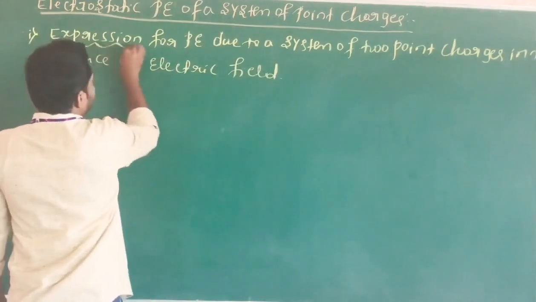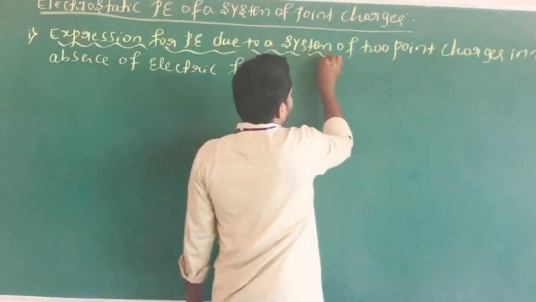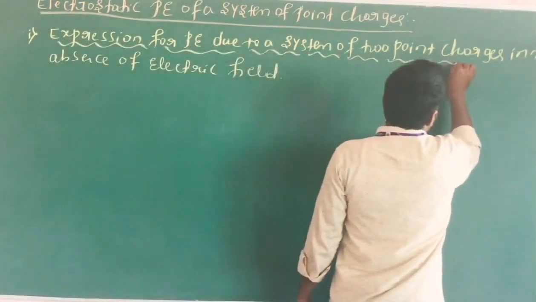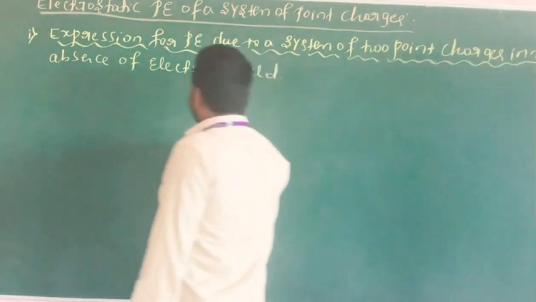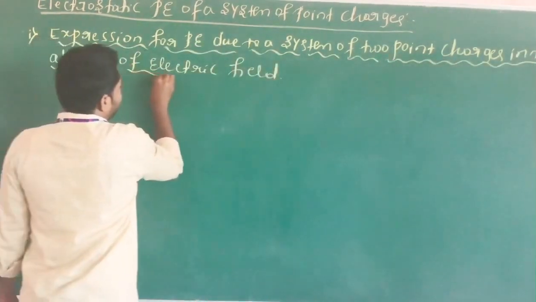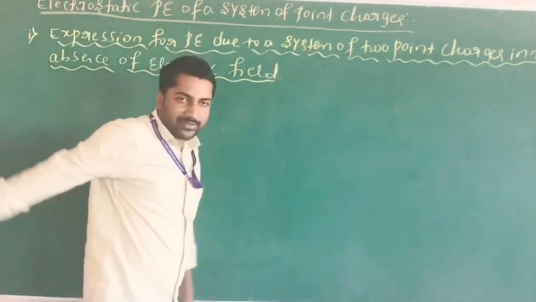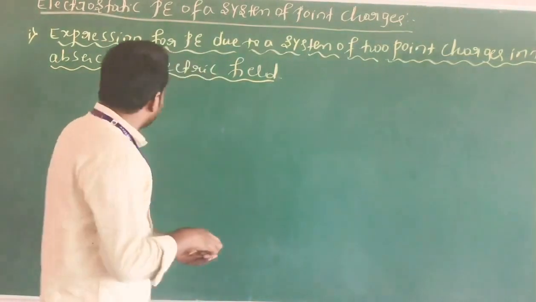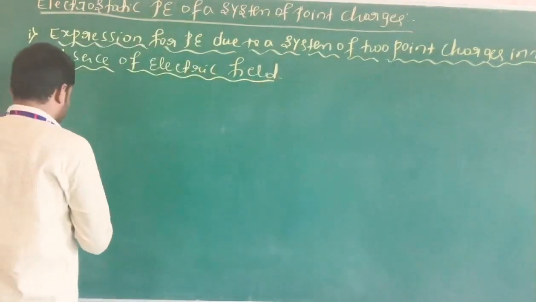This is the first case: expression for potential energy due to a system of 2 point charges in the absence of an electric field. Now I consider 2 point charges.